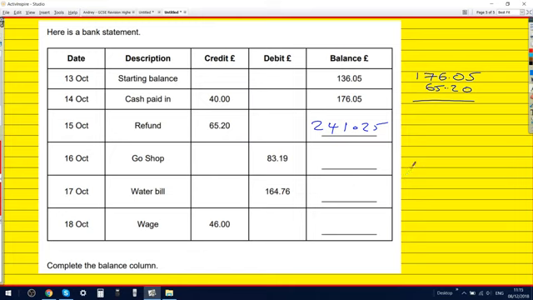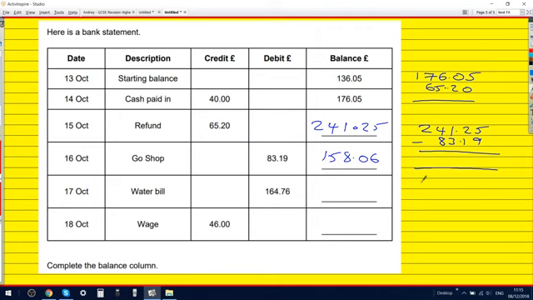Would you take away this one? So 241.25 minus 83. Yeah. And that is 158.06. Okay. And then would you do the same with taking away from 164.76?